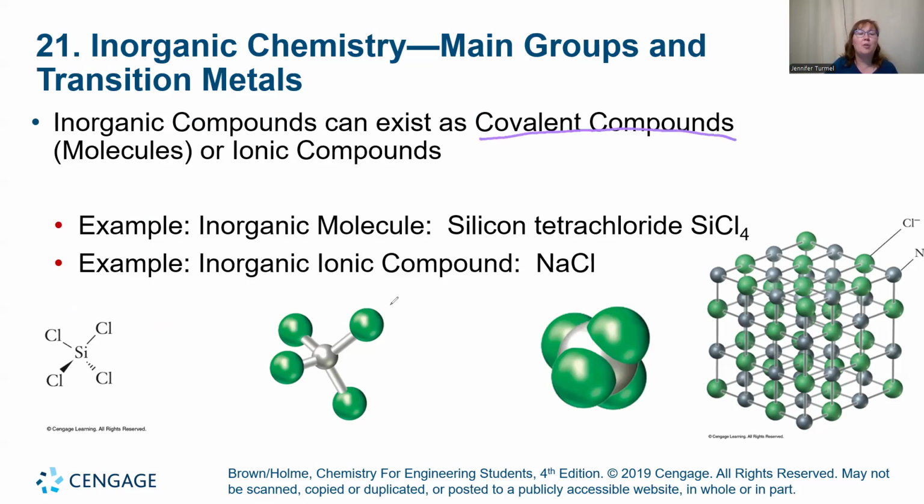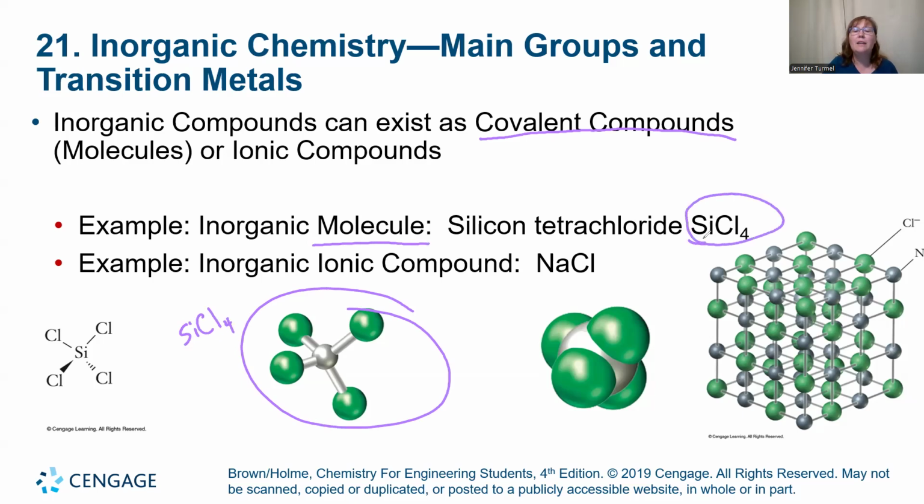Covalent compounds, remember, are discrete units like this silicon tetrachloride that you have here. And that is a good example of an inorganic molecule. It exists as a discrete single unit, and you can have more than one of them.